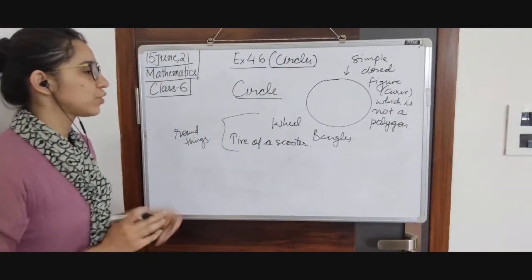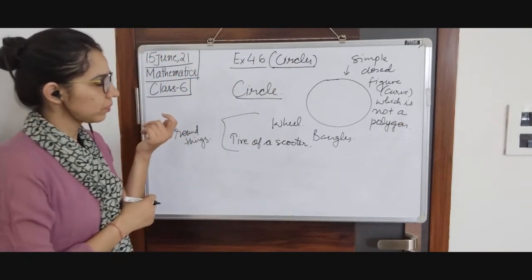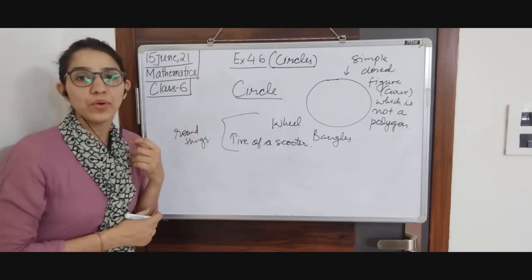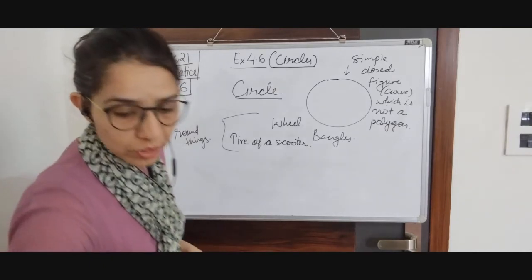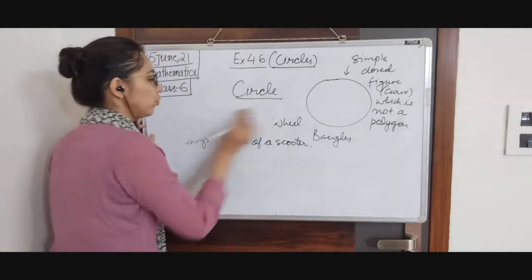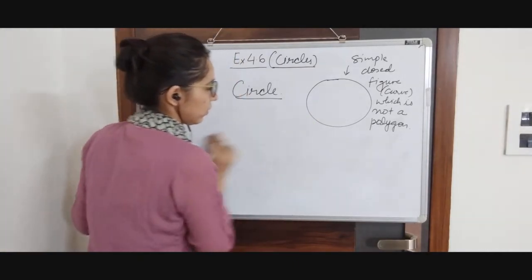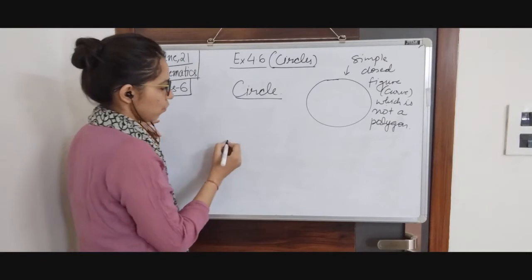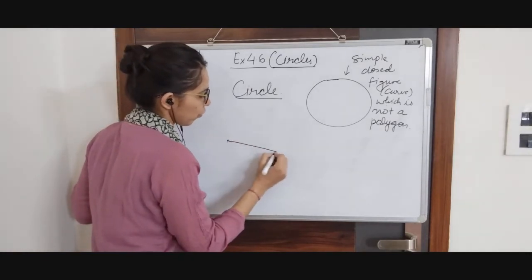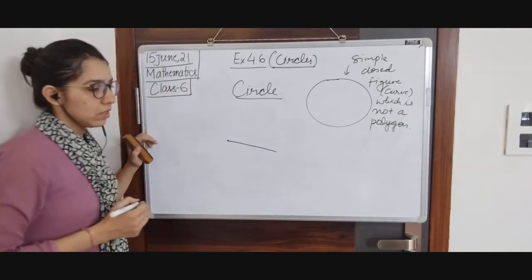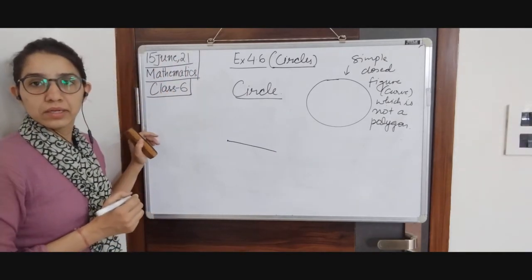Next, how can you draw a circle? If you want to draw a circle, you have to use two things. One is a pen, and the next is thread. Suppose you want to draw a circular garden.